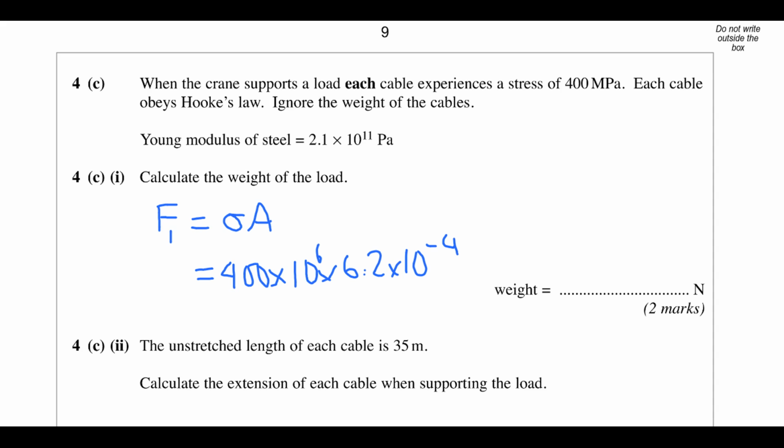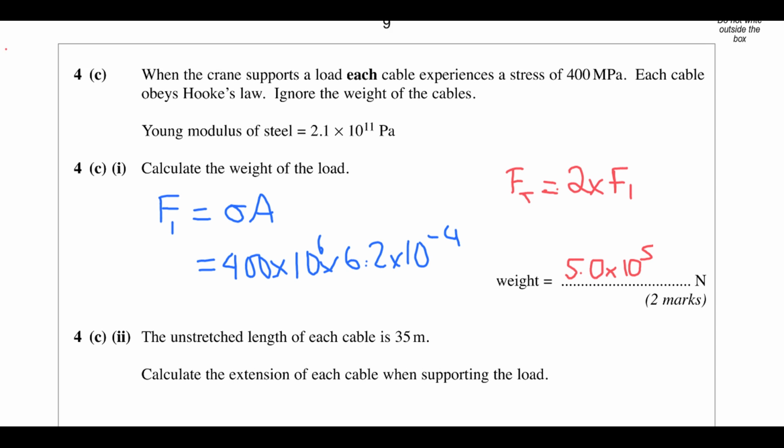So that's just the force on one of them. So the total force is going to be double that, because that's the stress on each of them. So that ends up being 496,000. So that's going to be 5.0 times 10 to the 5, giving it to 2 significant figures there.